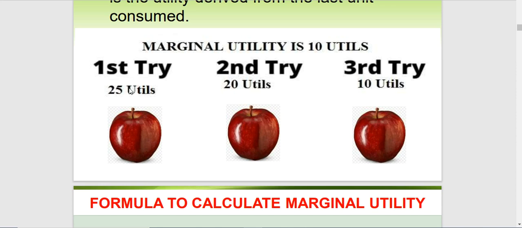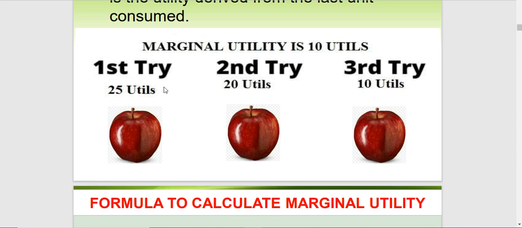For example, when the first apple is consumed by the consumer, he gets a satisfaction worth 25 utils. The unit of measurement of satisfaction is utils. So the first apple consumed is giving the consumer a satisfaction of 25 utils. When the second apple is consumed, he gets a satisfaction of 20 utils.